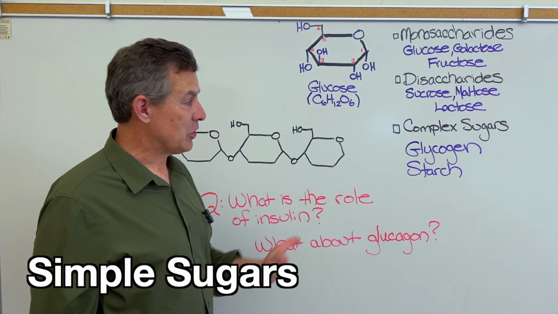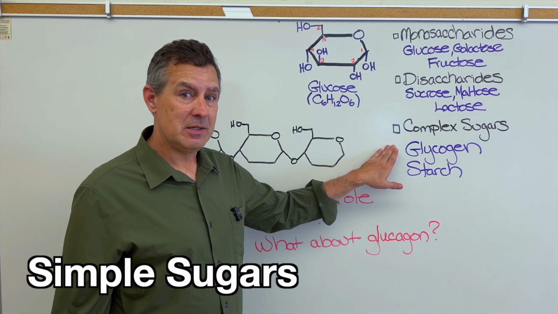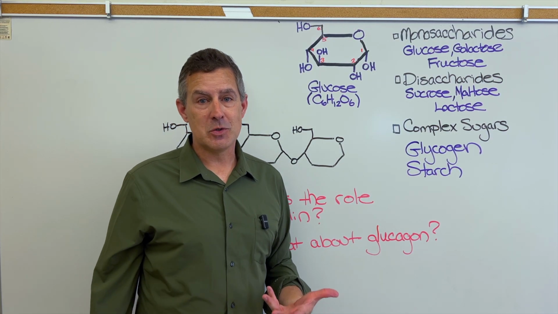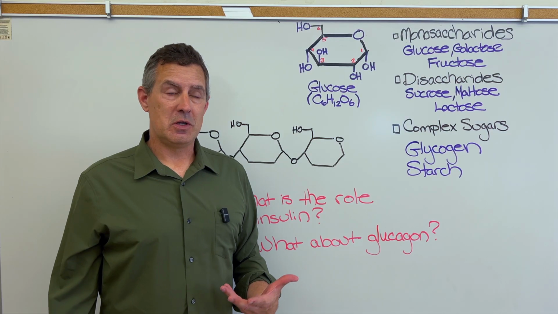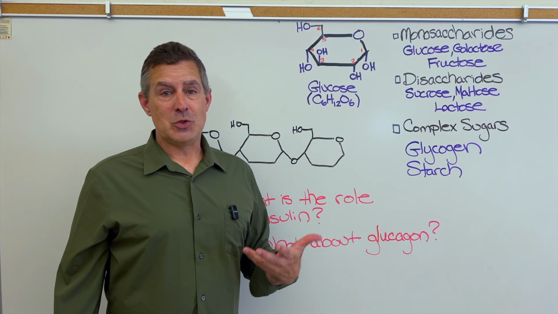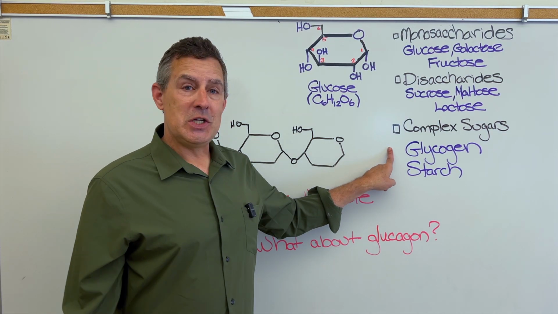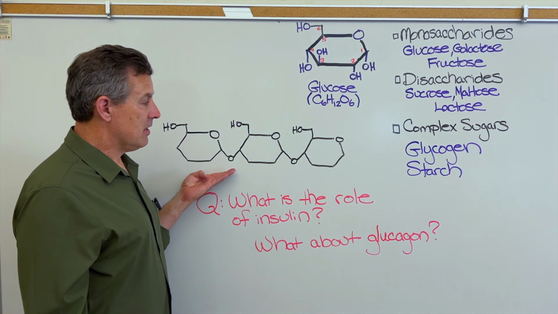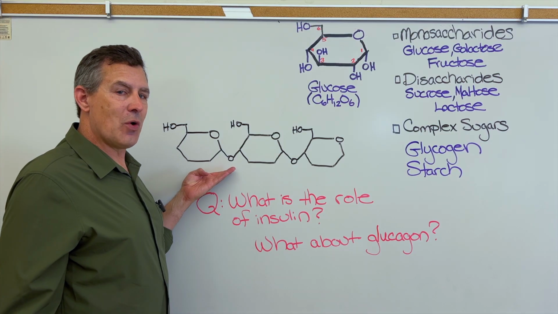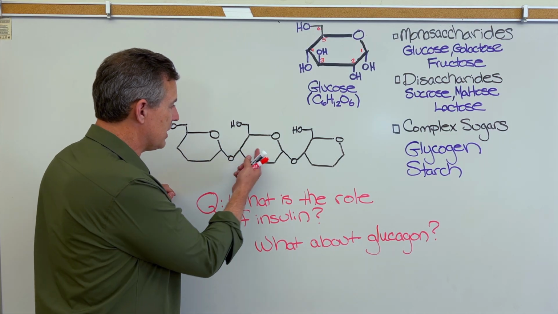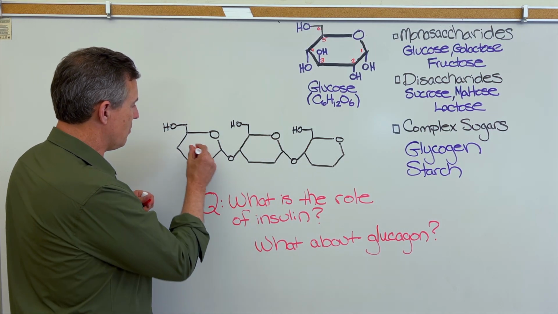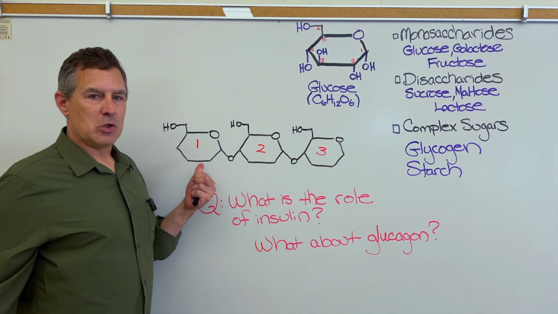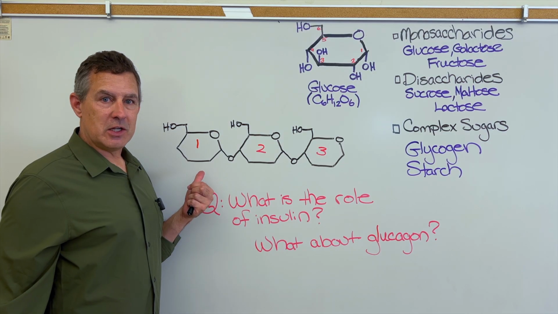The complex sugars are glycogen and starch. Glycogen is the storage form of glucose in animals. Starch is the storage form of glucose in plants. Glycogen in animals is stored in the liver. Here's an example of a glycogen molecule. It's not a great example because there are only 3 glucose molecules that make up this glycogen.